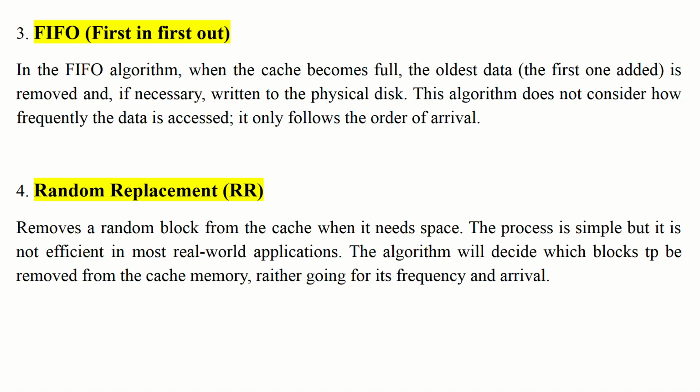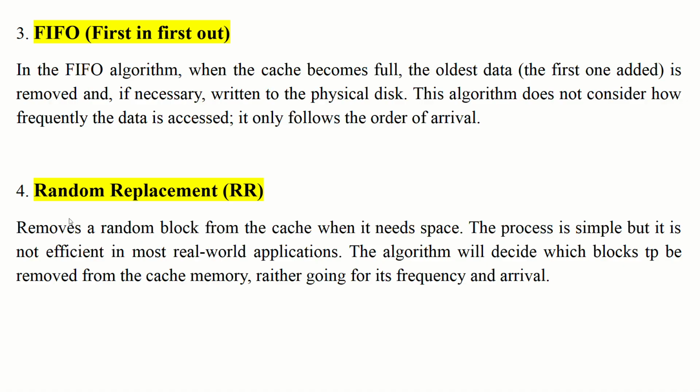Whatever data comes in first will become old after days, so that data will be removed first. It is not categorizing based on the frequency of the data, it is based on the concept called FIFO, first in first out. So in case my cache becomes full, that particular old data will get moved out first.